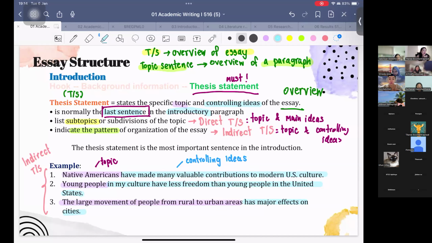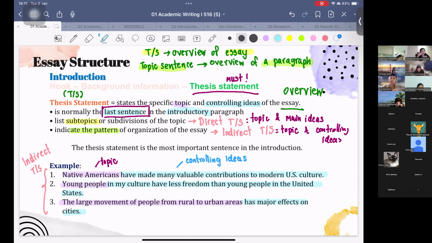For number 3, large movement of people from rural to urban areas has major effects on cities, so you can expect that the body paragraphs would talk about the major effects, how the movement affects things. So this provides an overview of the essay.